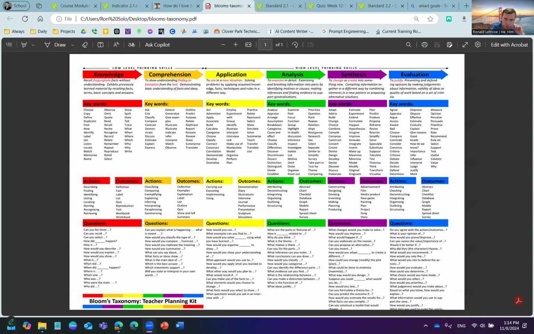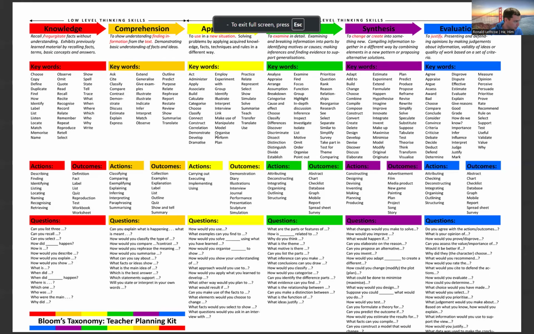Okay, I got it up here. So this was the, for those of you that were not here last time, this is Bloom's taxonomy, but in a little bit different version than you're used to seeing it. Usually we see it in that pyramid. We talked about this one, and there's a way to zoom in.